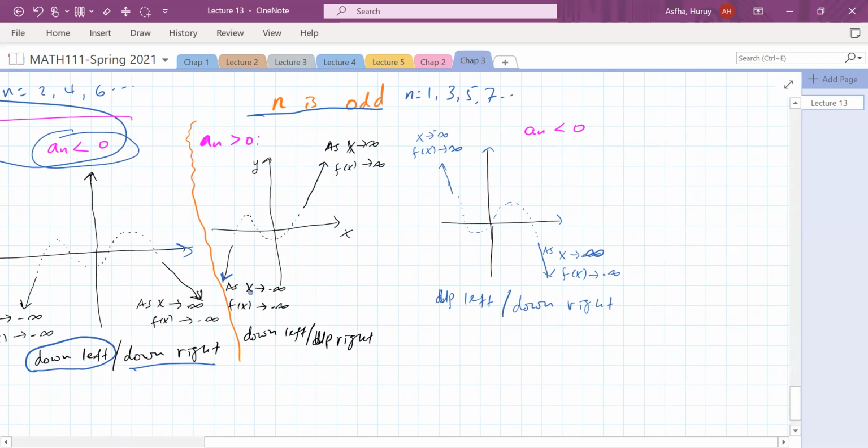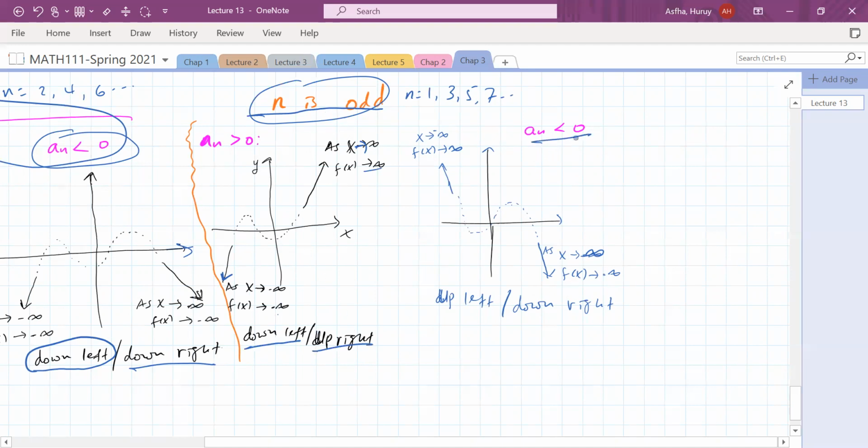As x goes to negative infinity, the graph of f of x goes to negative infinity. It's going downward. And as x goes to positive infinity, the graph goes to positive infinity, which means it's going up. So here they go in opposite directions. When n is odd, it's always opposite. They don't go in the same direction. But when n is even, they go in the same direction, either both down or both up. So here we have down left and up right.